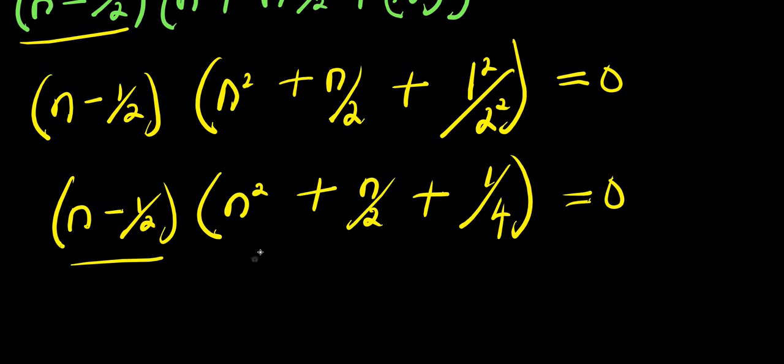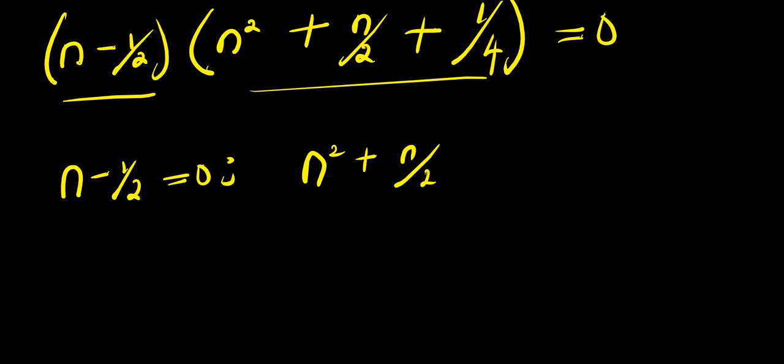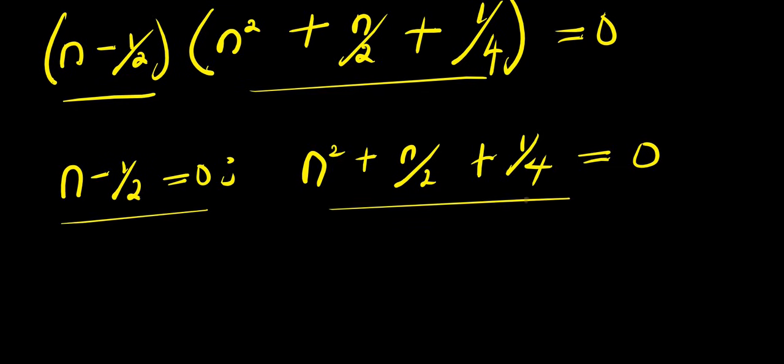We need to equate each of these to 0. So I'm going to have n minus 1 over 2 equals 0. And also I have n squared plus n over 2 plus 1 over 4 equals 0.